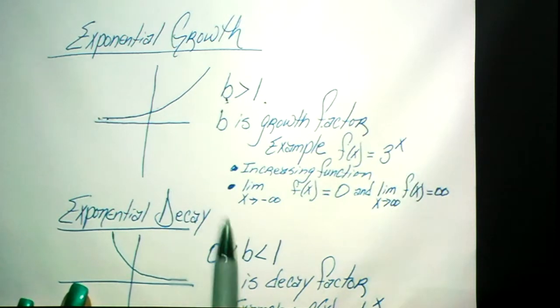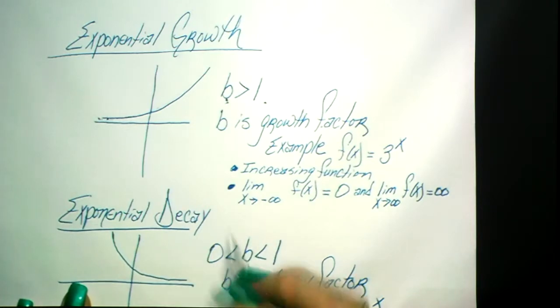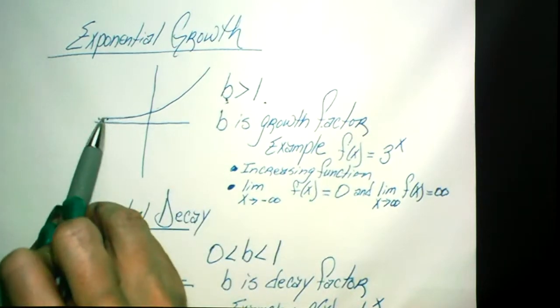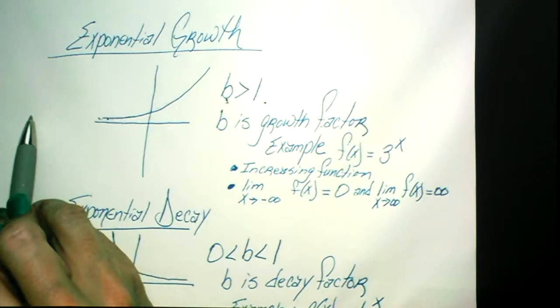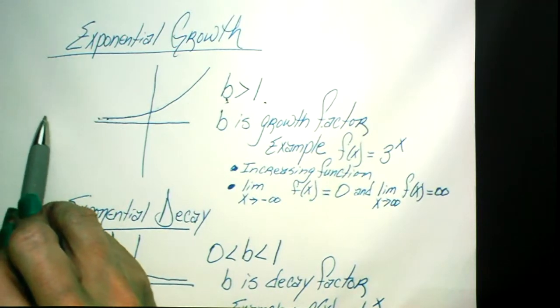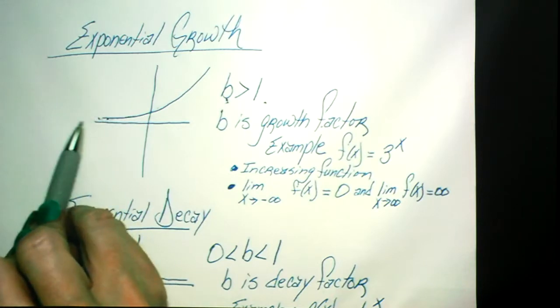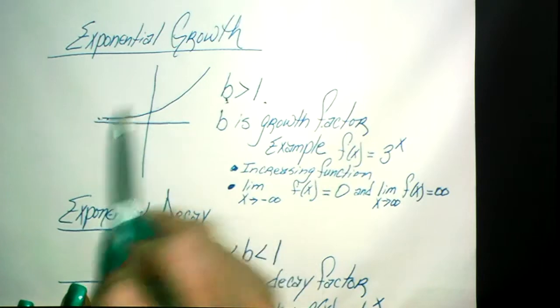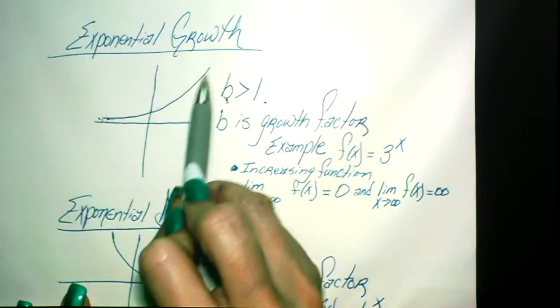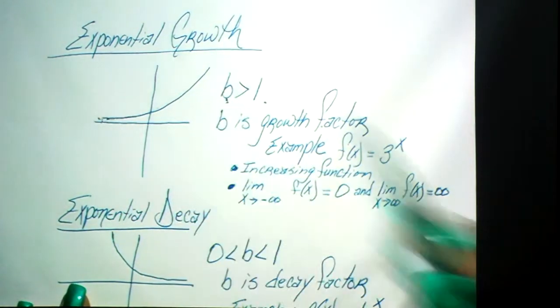Now, if we're going to describe the end behavior using limits, this is approaching your x-axis, but will never cross your x-axis, so it's approaching 0. Your x-axis is your asymptote, okay? And this is going to keep growing on to infinity.